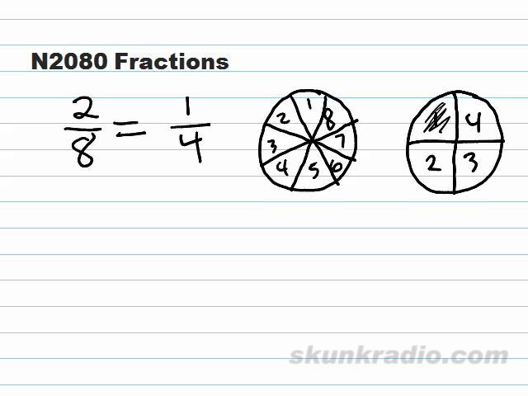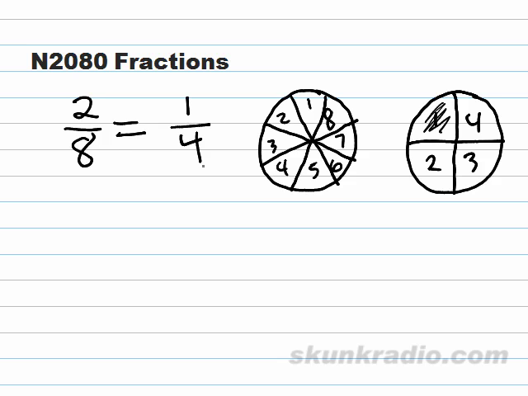So everybody gets 1/4. It's the same thing as saying, a pizza cut into 8 pieces, everybody gets 2 eighths. That's a simple example, but it does prove to us that 2 eighths is the exact same thing as 1/4.